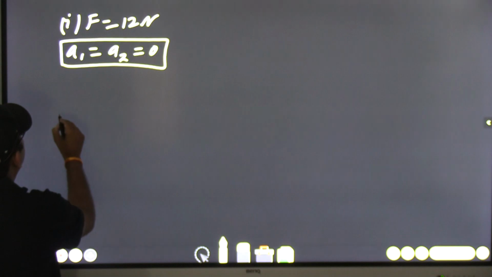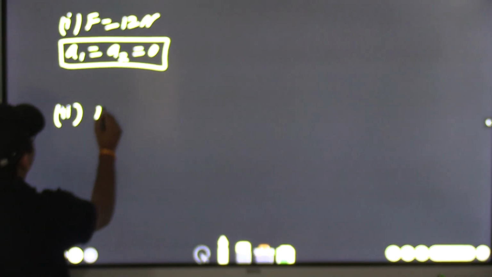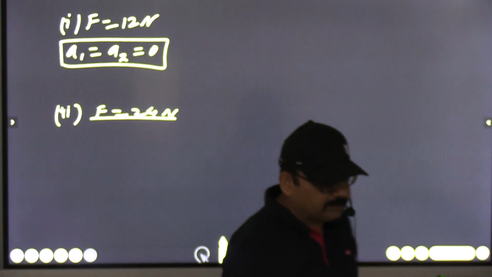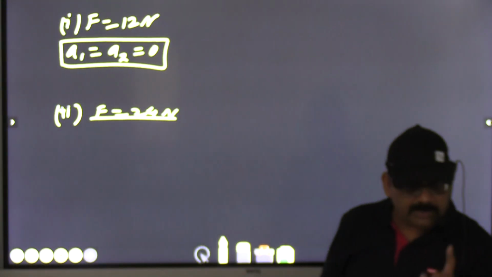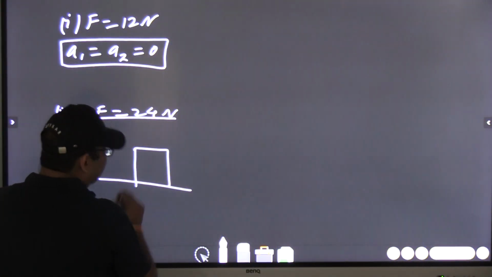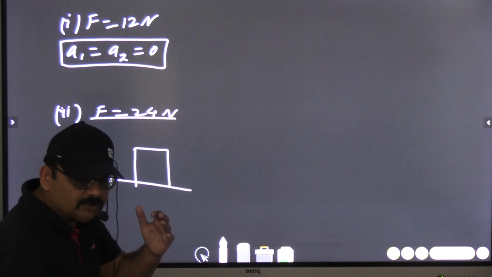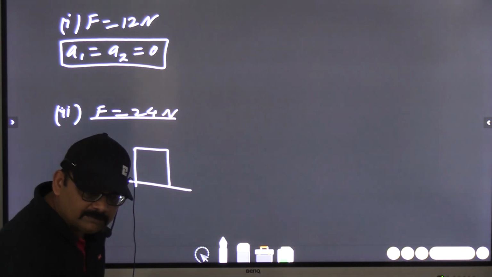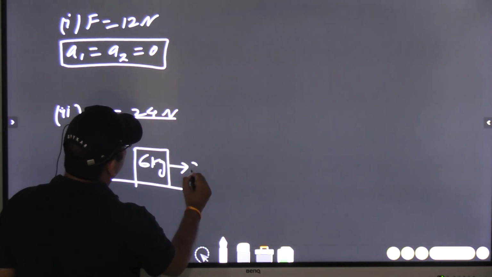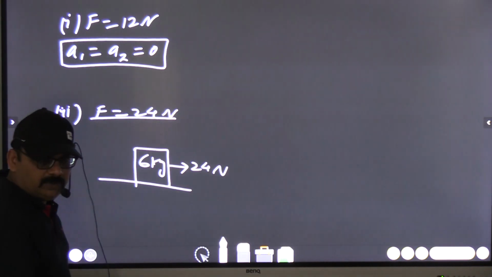Now in the second part, the external force is 24 Newton. The bodies will slide, but they will slide together as one body, right? So since the bodies are sliding together, we can consider them as one body of 6 kg, with force 24 Newton.